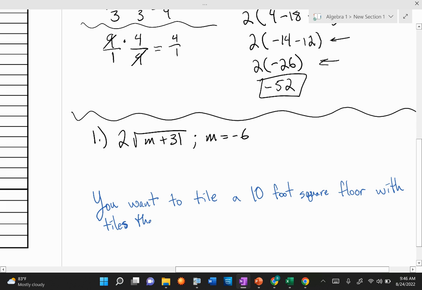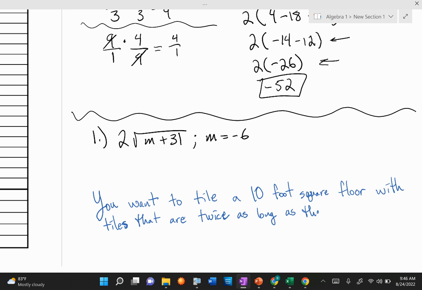Okay, watch. Oh shoot. Negative 6 plus 31 is 25. Oh.